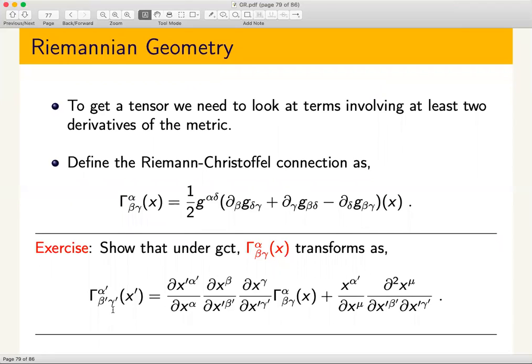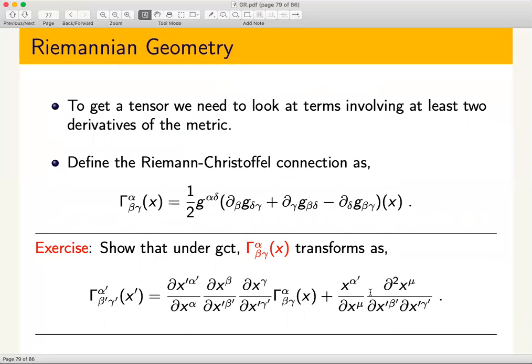Namely, it has a homogeneous piece which looks like a tensorial transformation, and oops, there's one more error. And there is an inhomogeneous piece, which is the piece that we had used for defining gamma.